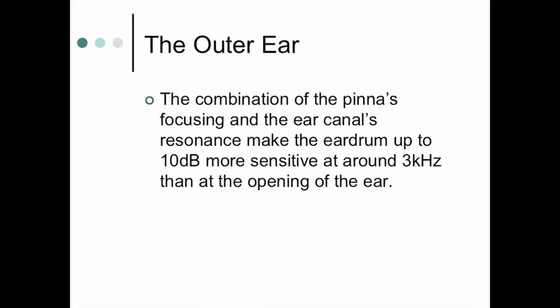Okay, the outer ear, the combination of the pinna focusing and the ear canal's resonance, makes the eardrum up to 10 decibels more sensitive around 3 kilohertz or 2.8 kilohertz than at the opening of the ear, because it's acting like a little resonant tube, just like when we talked about a Coke bottle and blowing in the top and getting a tone out of it.